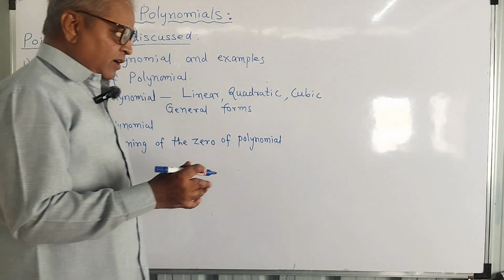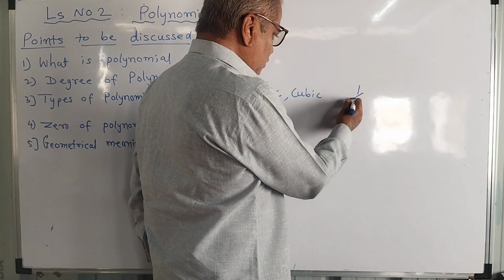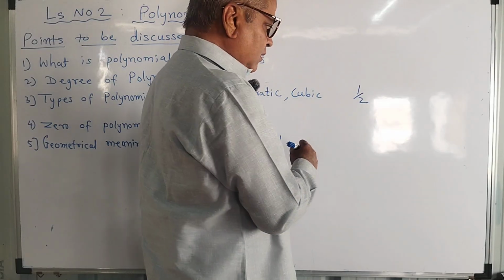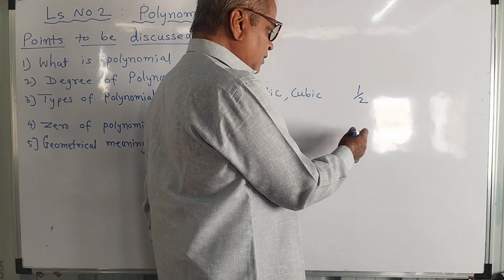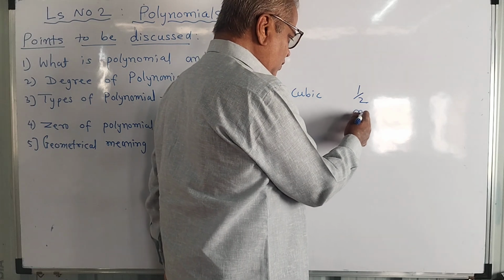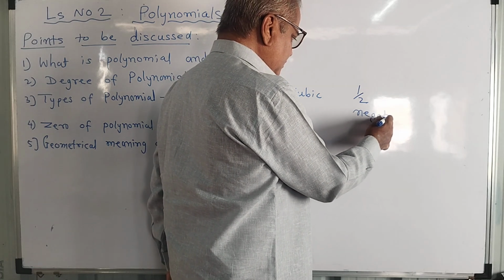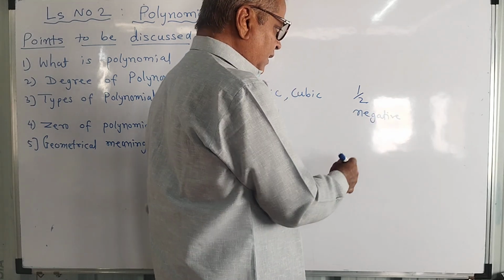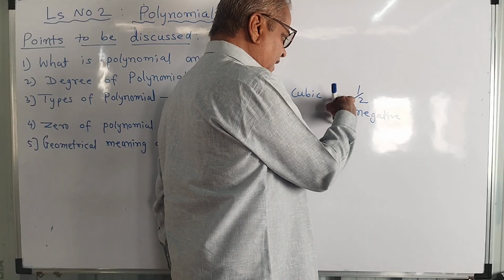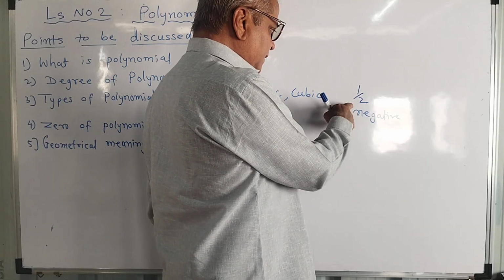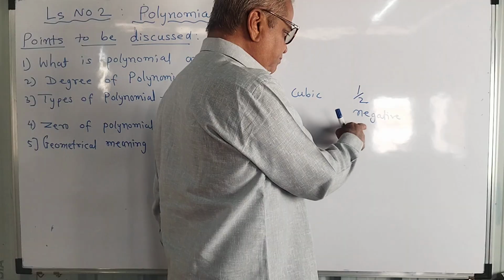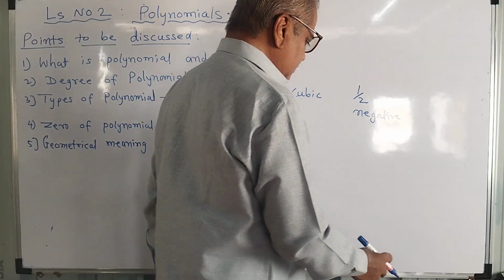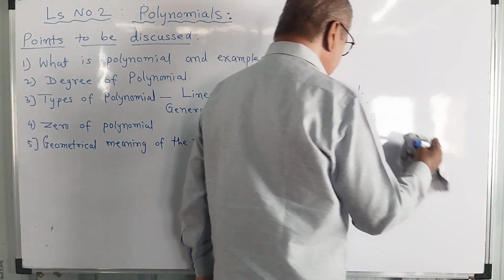It should not be a fraction, that is 1 upon 2. It should not be negative. If the power of the variable is a fraction, or the power of the variable is negative, then it is not a polynomial.